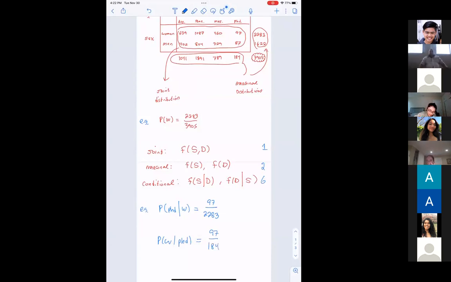If you're conditioning it upon the person getting a PhD, that means you know for a fact the person got a PhD. There's 184 of those, and of those 184, 97 of them were women. So it's much more likely that a person was a woman given they got a PhD than that the person got a PhD given that they were a woman. Or at least these are the projections.